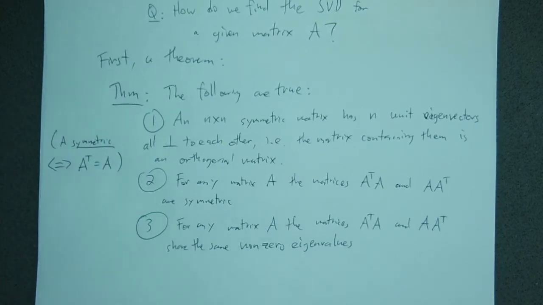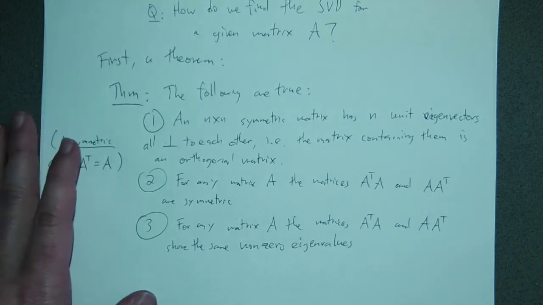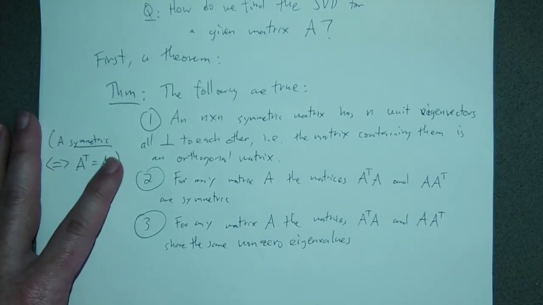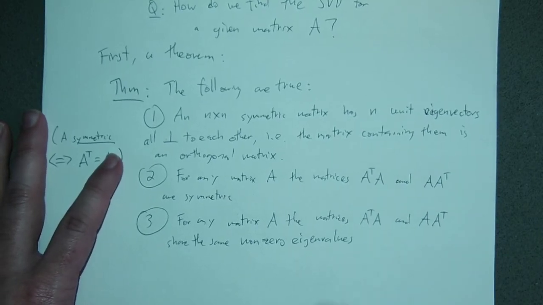Go back to the very first day you heard about eigenvalues and how you find them. You find them with the characteristic polynomial for a matrix, so you might want to consider the characteristic polynomials for these two matrices. There's actually a more direct way than that.